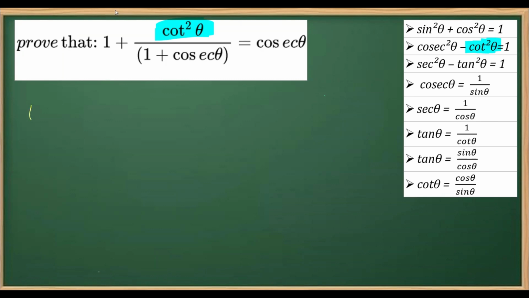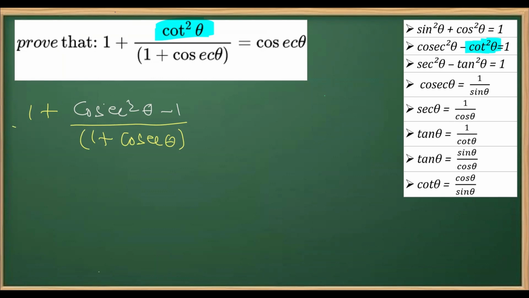So in the LHS, we have 1 plus, as I said, cot square, which is cosec²θ minus 1. That's the only change I'm making, divided by the denominator, which is given as 1 plus cosec⁴. There's a bracket, so I'll keep it.